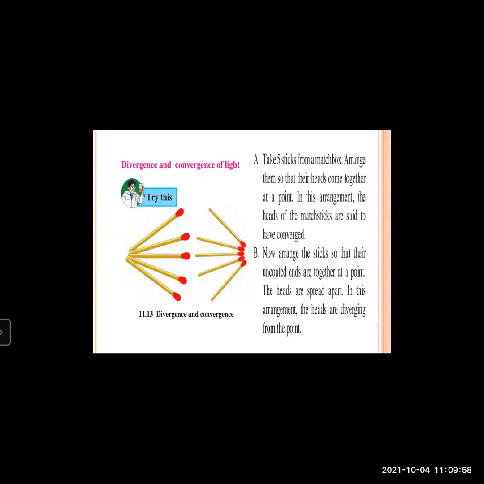In this arrangement, the heads are diverging from the point. So this is convergence and divergence. When they come together at a single point, it is called convergence. And when they are spread apart from each other, it is called divergence.